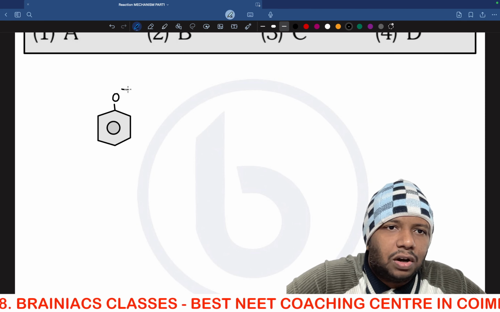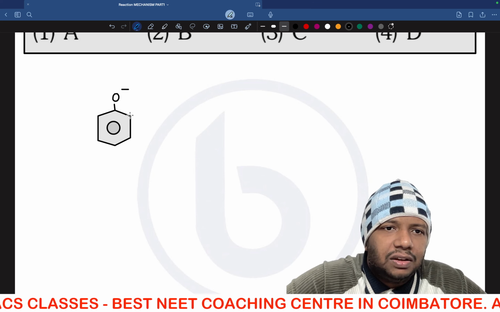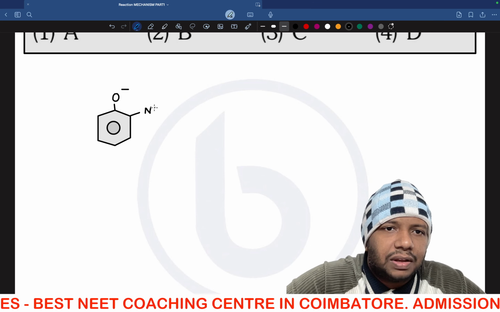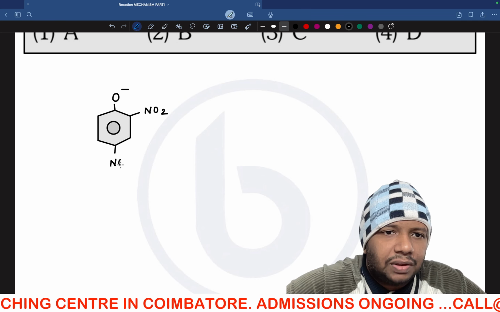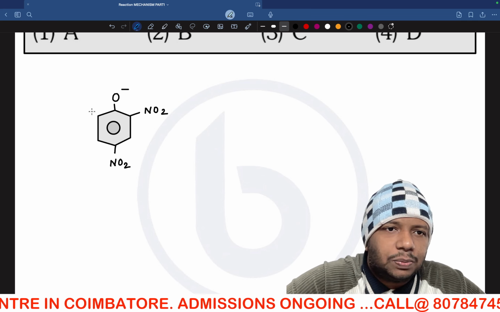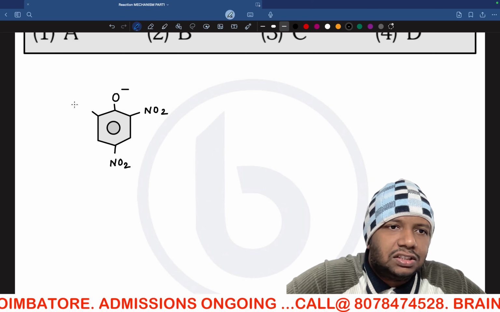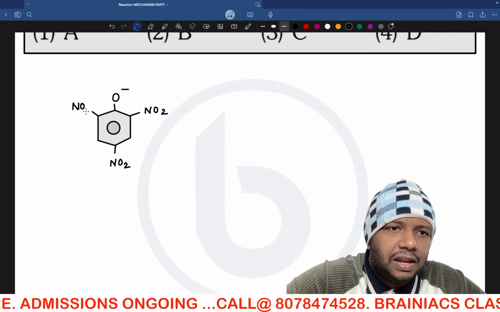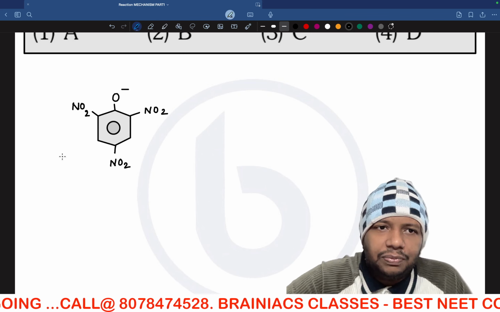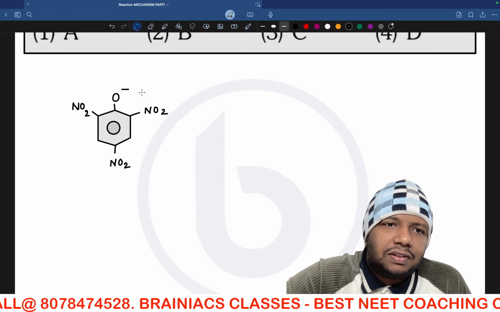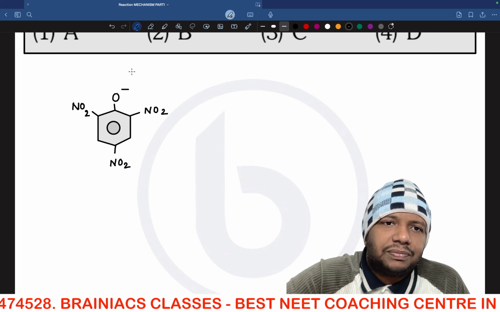So this will become O negative. And then you have the nitro group out here, NO2. Three nitro groups are out here. Then we need to check, once the H plus is removed, whether the remaining structure is stable or not. That is what we used to do. So here the H plus is removed, so you are getting this as your anion.